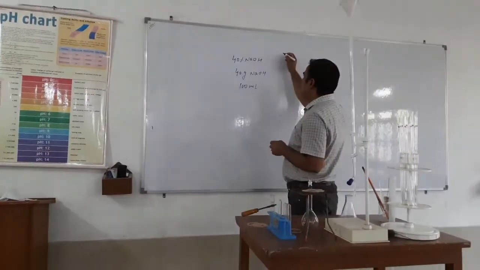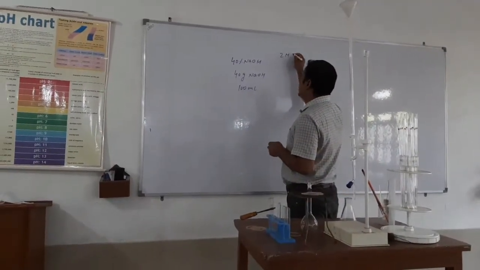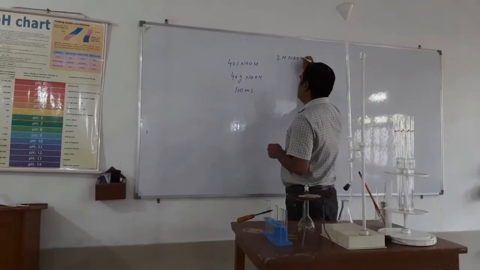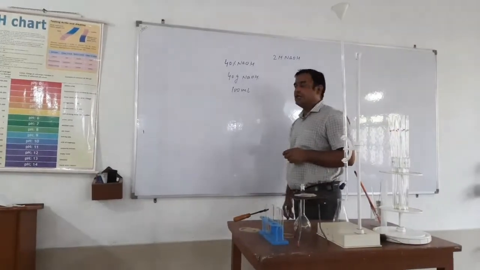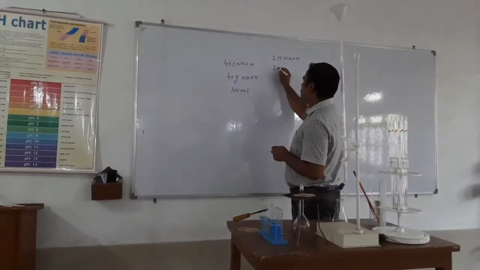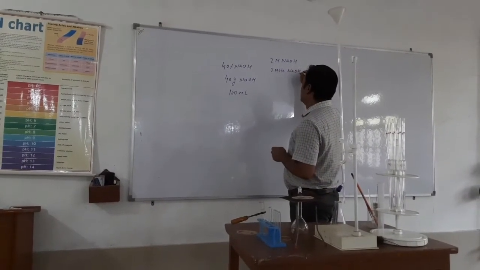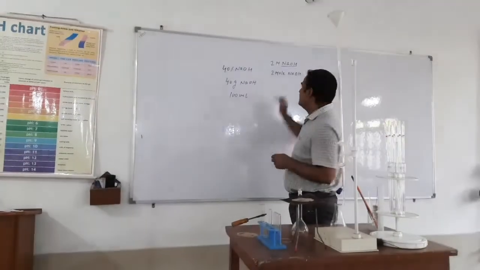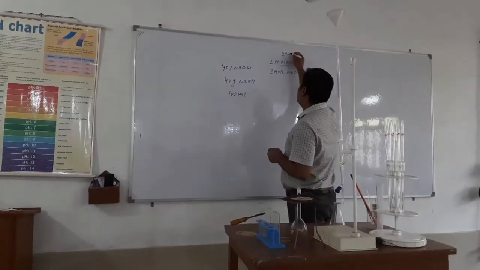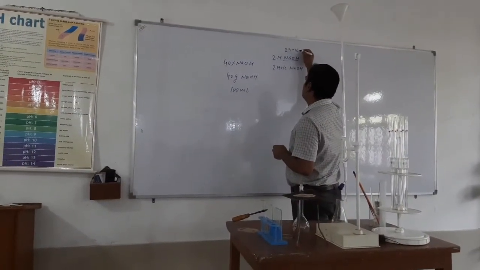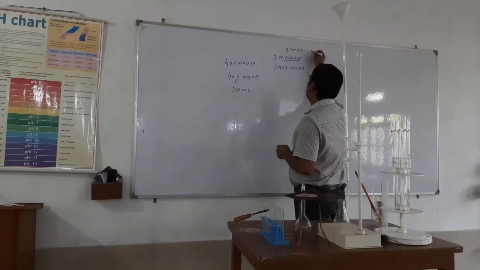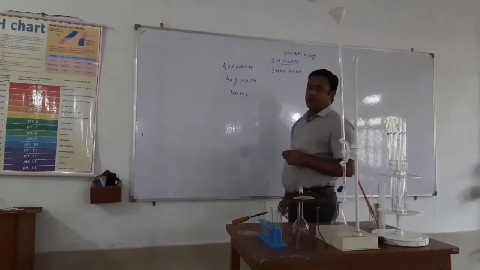Another use: suppose you have to prepare 2 M NaOH solution. In that case you need 2 mole NaOH, and the molar mass of NaOH will be 23 plus 16 plus 1, that is equal to 40 gram.